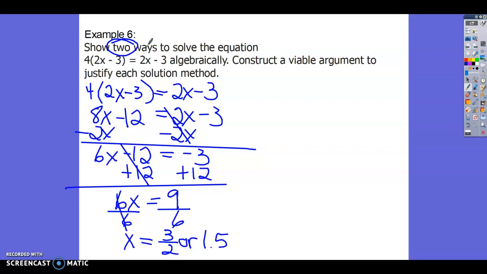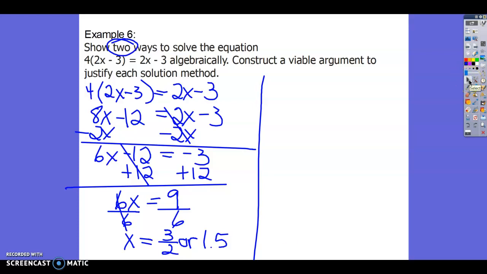All right, so another method to solve this would be, I would set each one equal to 0 and solve. Let's see. So if you use your graphing calculator, I'm going to show you how to graph it real quick.